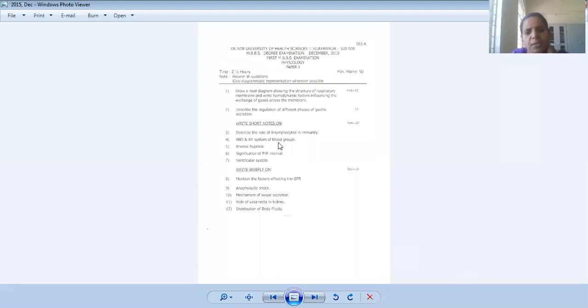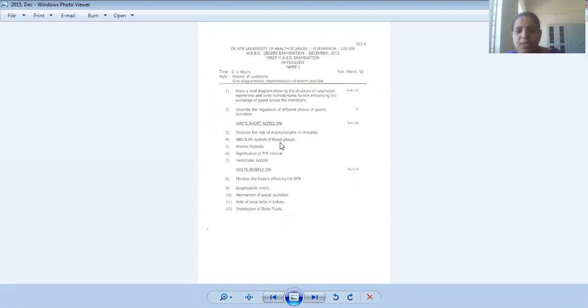Then the ABO-RH system. Do you remember? We have discussed many times. What is the name of that law we have? Landsteiner's law. Very good. If the surface antigen is there, the corresponding antibody is absent. So we have A group, B group, AB, and O group.